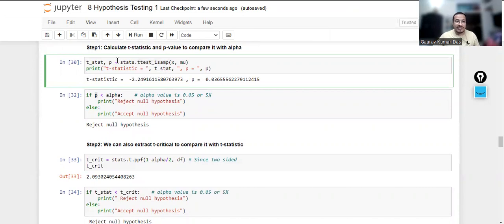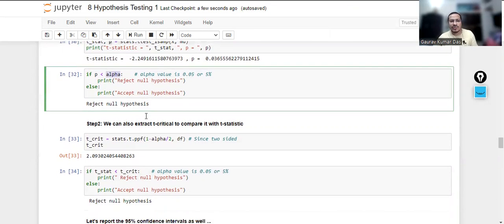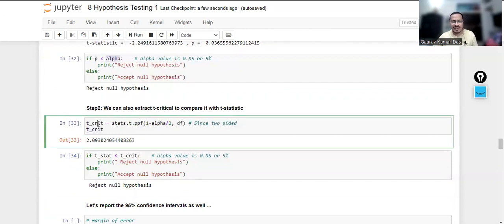One can argue that if I'm already calculating t-stat and p-value using the same single function, I can directly compare the p-value with the alpha value to get the conclusion. Why do I need to again calculate t-critical? I completely agree with it. But if I show you how to calculate the t-critical also, your concept remains absolutely clear.